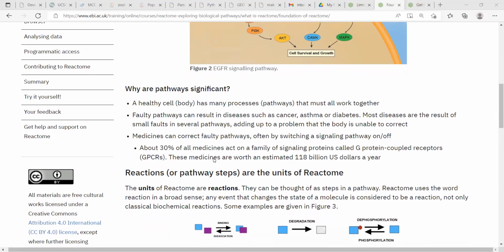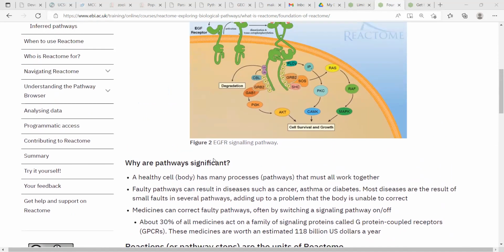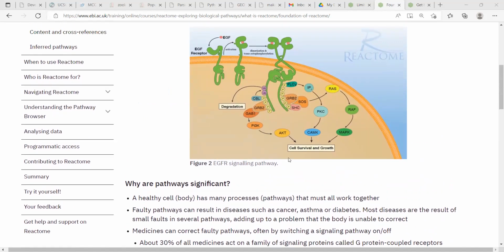That is very important, because most of the drugs act on GPCRs, that is G protein coupled receptors, and how these pathways are analyzed inside the cell is also important. If you try to identify the targets by experimental tools and techniques, it will take lots of time.